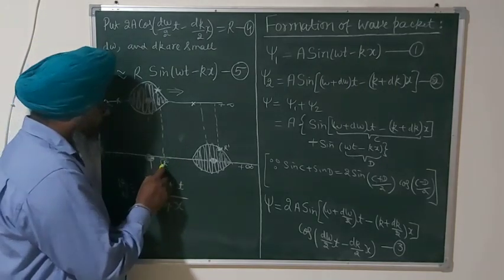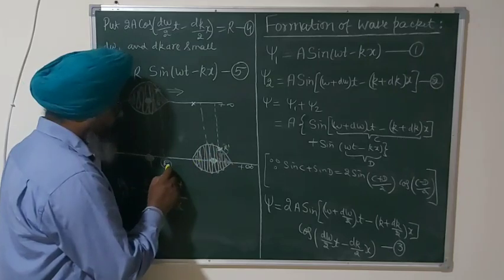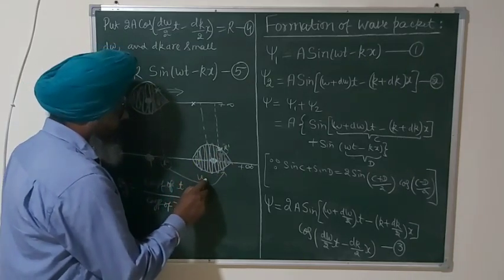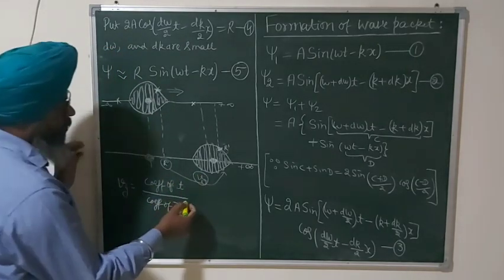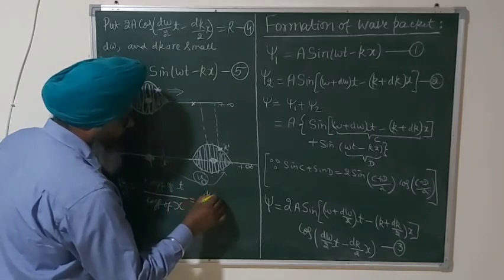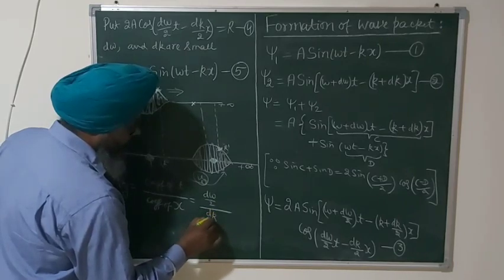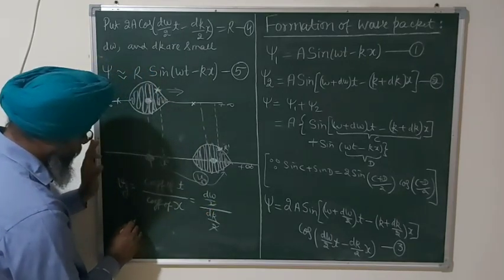It means this point R dash will go from here to here with a speed Vg. Now that Vg will be equal to this ratio. I have already told you that the coefficient of t is d omega by 2 and the coefficient of x is dk by 2. This 2 and this 2 will cancel.